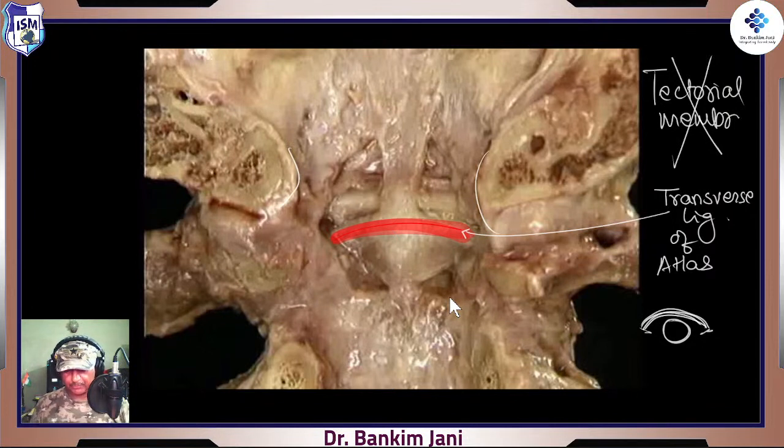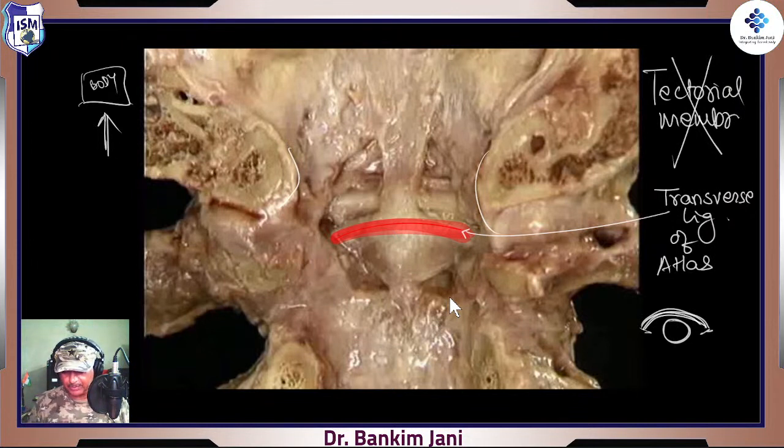What we are watching from the posterior side, we have sliced so that we can watch. Say this is the vertebral body, we have put the cut, and we are watching from here. So that's the body, just for the orientation. We are watching the posterior surface of the body.